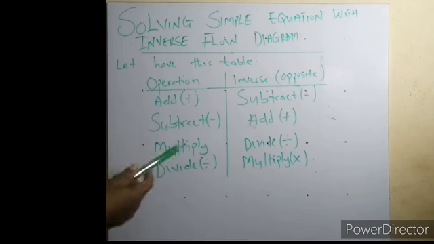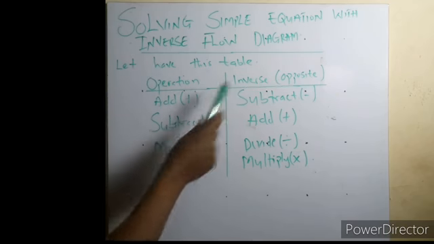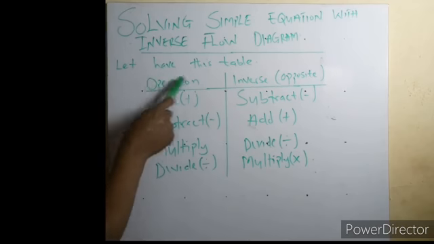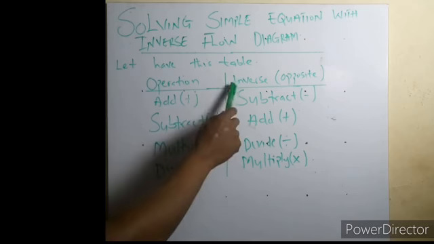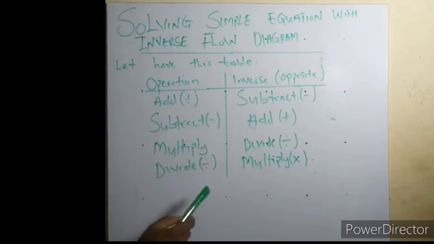But what I want us to see is that we have something that looks like what you do in your English class, where you have your words here and you have the opposite. So here in mathematics, we call this side operation and this other side inverse. So this inverse simply means opposite.